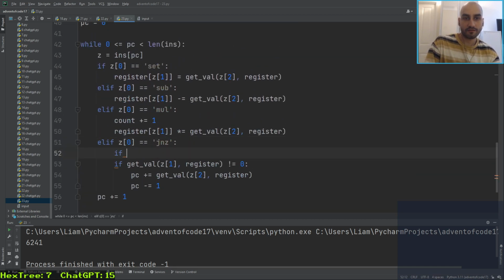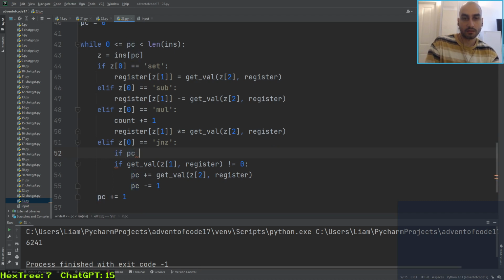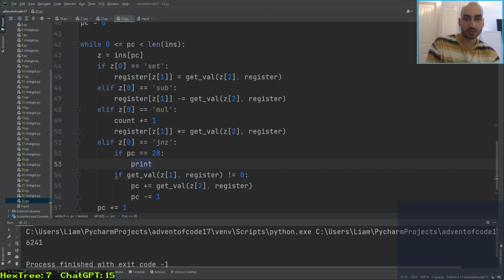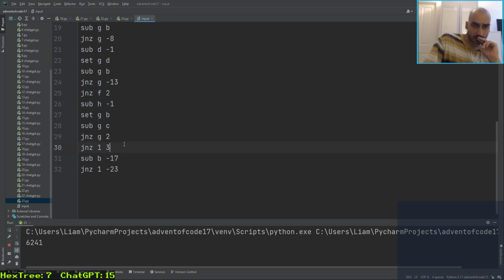So if PC is 28, print register G. PC equals 28.